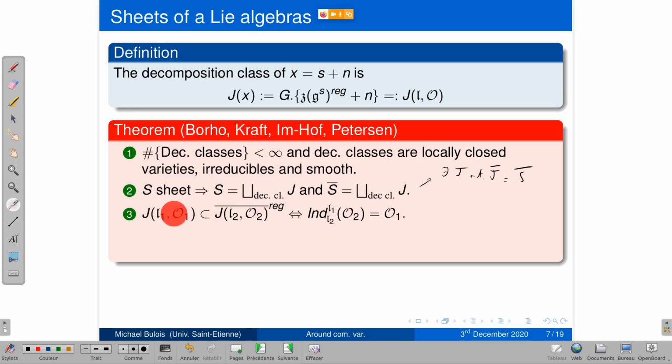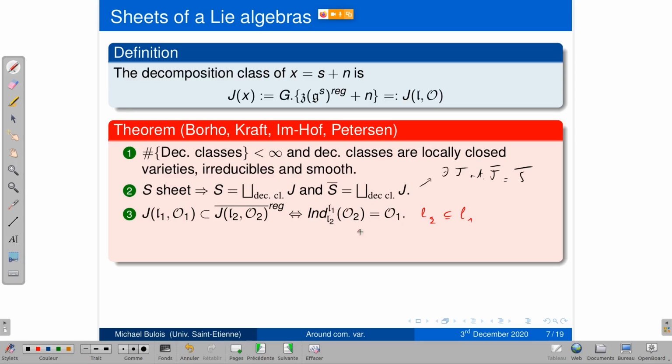We have a decomposition class which is included in the closure, or the regular closure, of another decomposition class if and only if there is some induction of nilpotent orbit here. So here again I need some notation. L1 and L2 are two Levi, O1 and O2 are two nilpotent orbits, and I assume that L2 is included in L1.